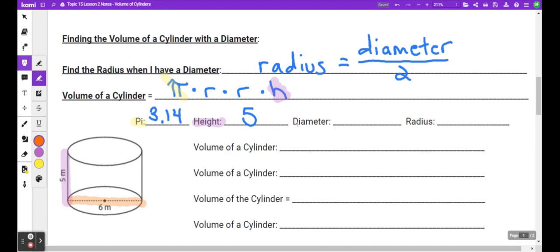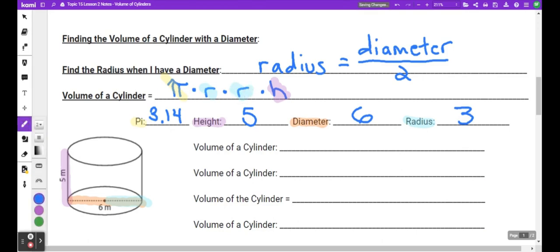Remember, diameter goes all the way across the circle. And if the diameter is 6, that means that the radius is going to be half of that. So the radius is going to be 6 divided by 2, which of course is going to be 3. And now I have all the information I need to plug my numbers into the formula and do my multiplication.